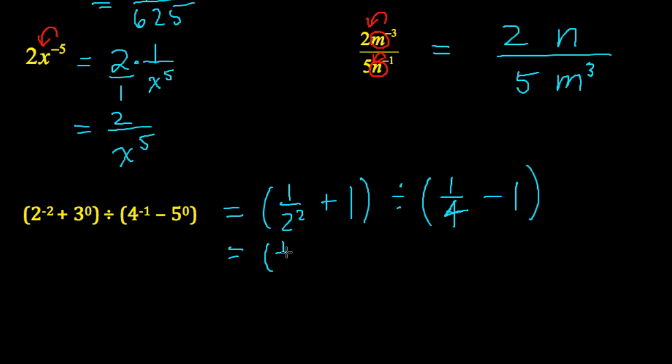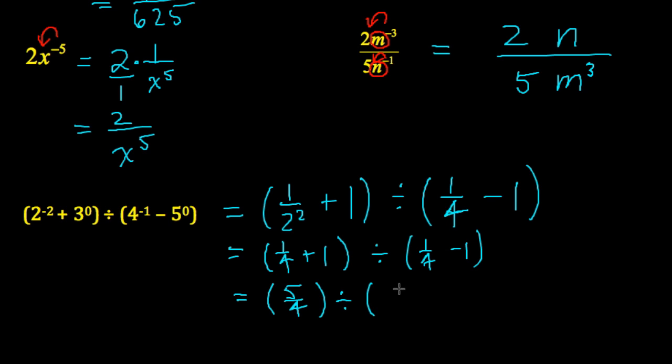That's 1/4 plus 1 divided by 1/4 minus 1. That becomes 5 over 4 divided by, that will work out to negative 3 over 4.